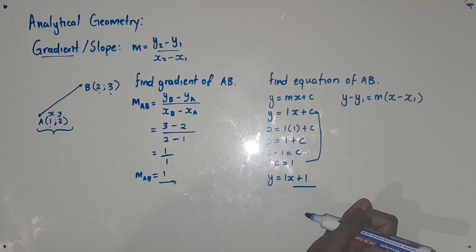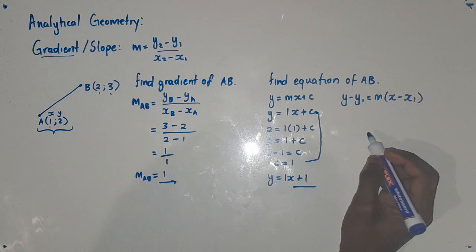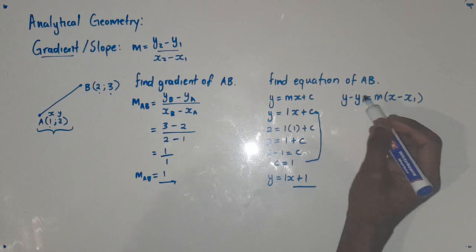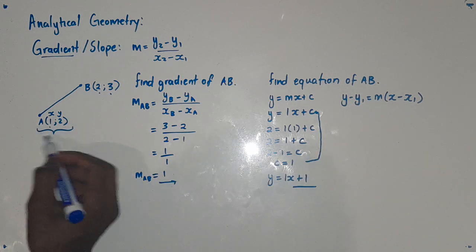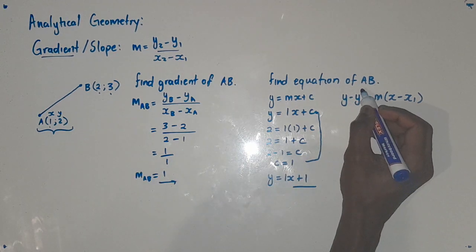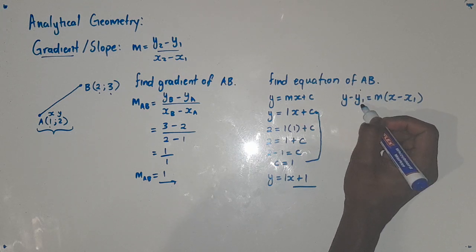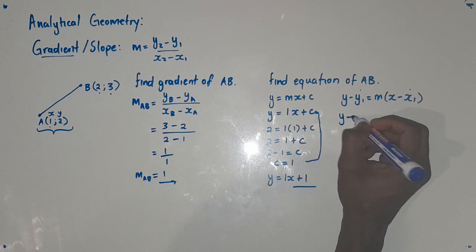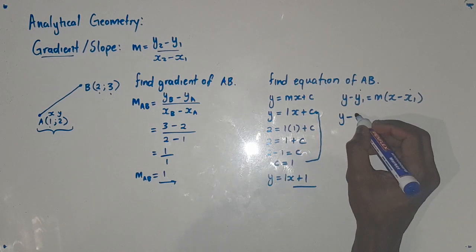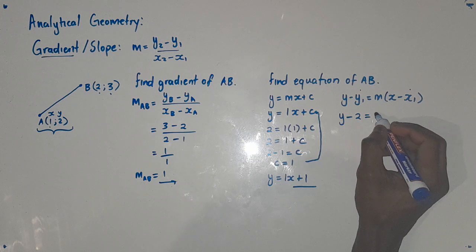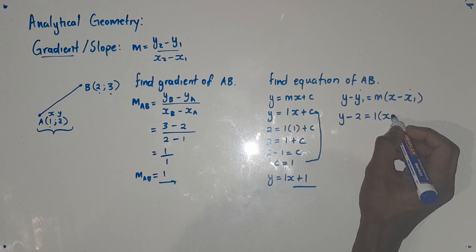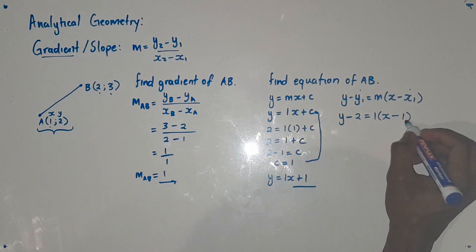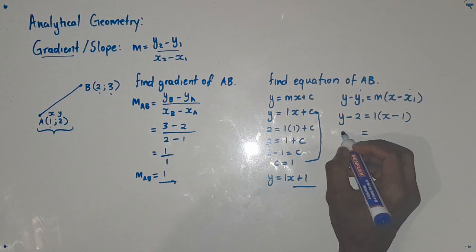You see? Then now I want to highlight something, especially when using this equation, y minus y1 equals m times x minus x1, that our coordinates of A, we are going to substitute them where we see y1 and x1. See? Then for y1, we have 2. Our gradient is 1. Then on x1, we take that 1 like this. Then let us solve.